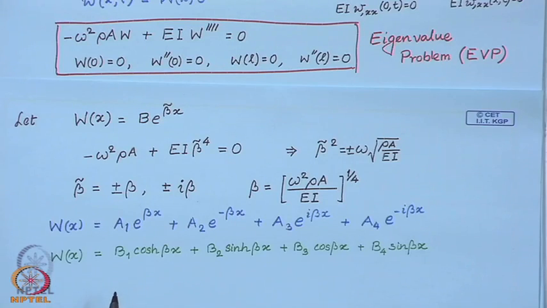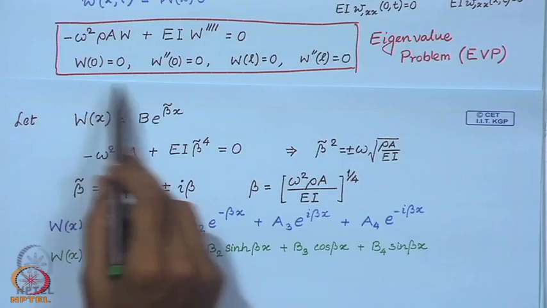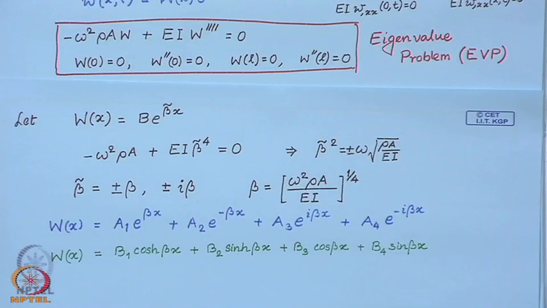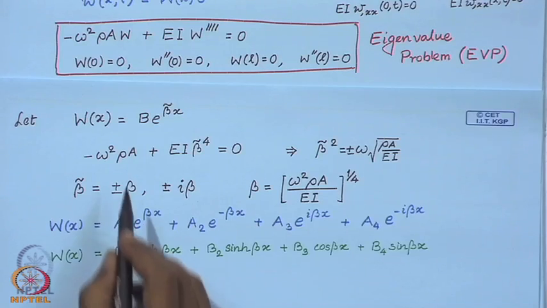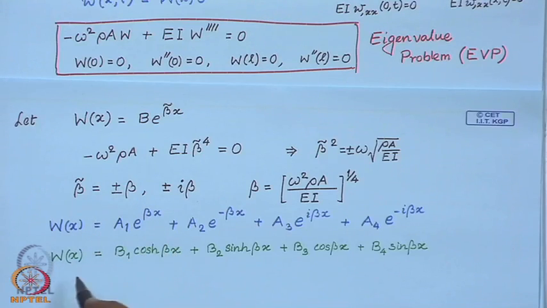Now, this general solution must satisfy these boundary conditions. So, if you put this in the first boundary condition, you will get this.